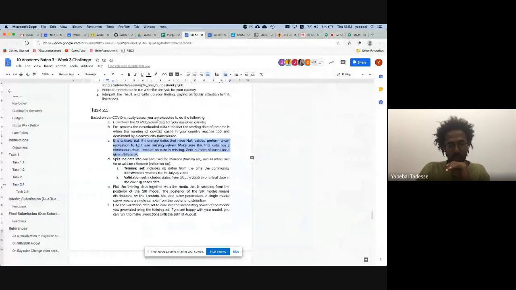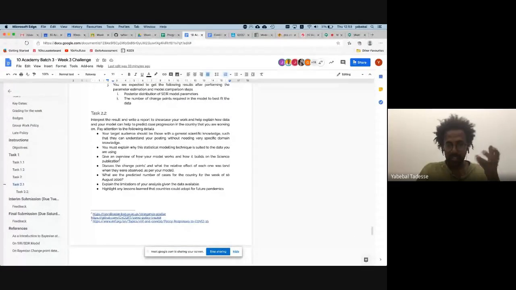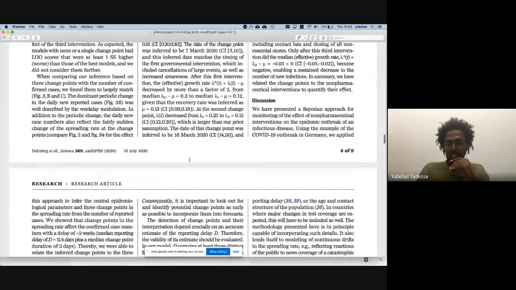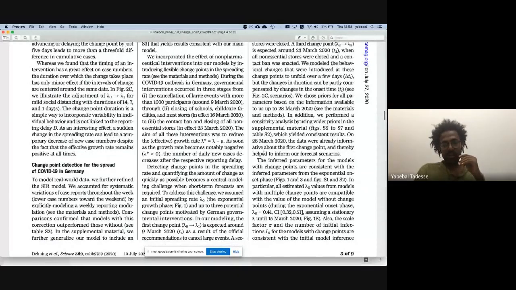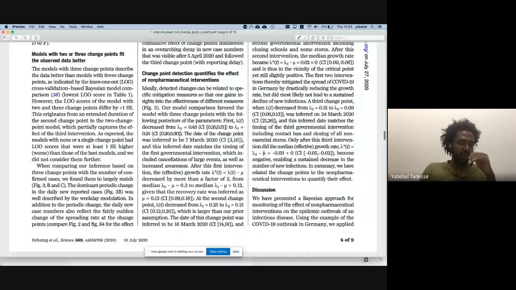In task 2.2, what you're asked is just to really interpret your result. For that part, you need to read their paper as well, this final discussion part, as well as the interpretation part, and he will cover that.